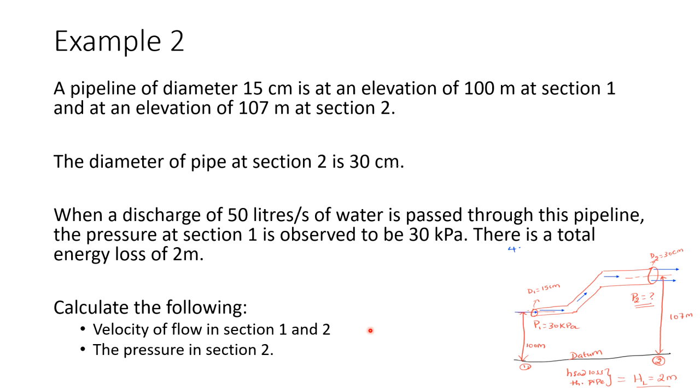We are asked to calculate the velocity of flow in section 1 and 2, C1 and C2, and also the pressure P2. These are the things we have got to find out. I'm just highlighting all the information given so I do not lose anything.